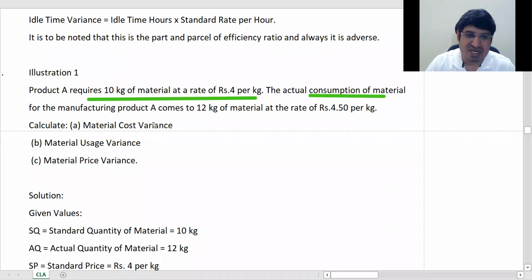Actual consumption of material is 12 kg instead of 10 kg, and the rate is 4.5 instead of 4. So calculate cost variance, usage variance, and price variance.